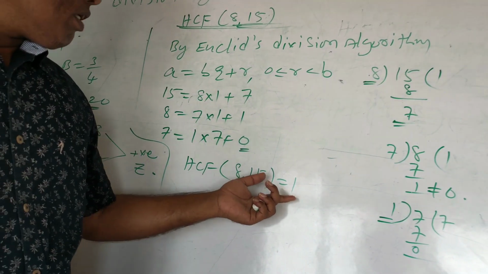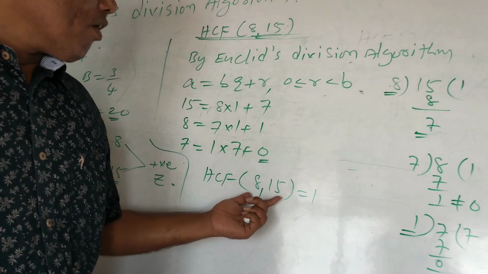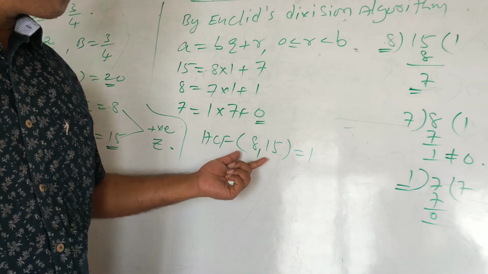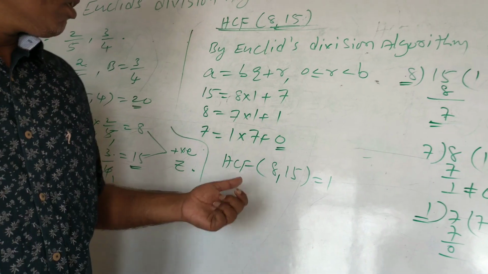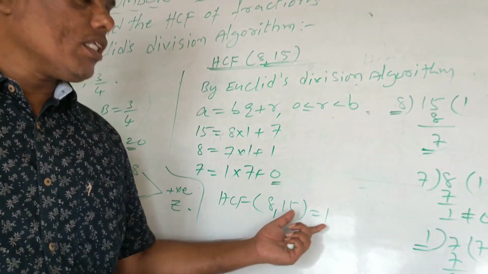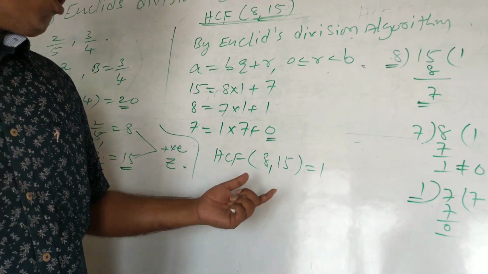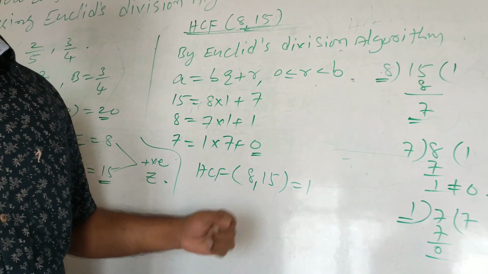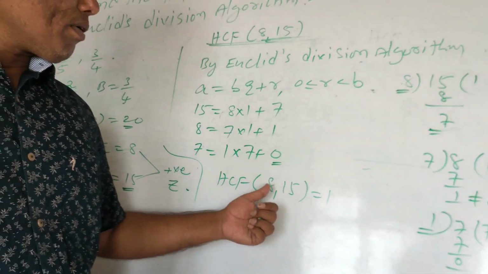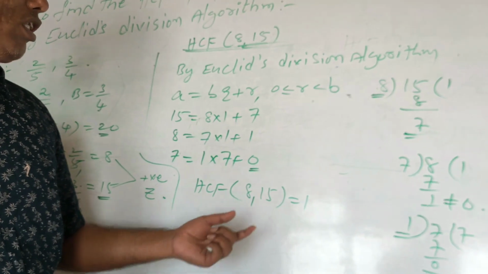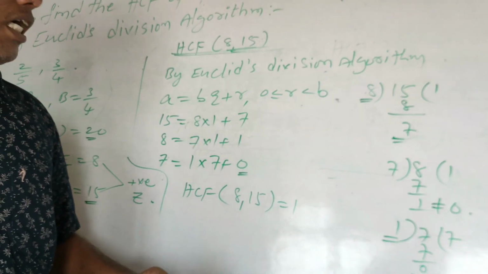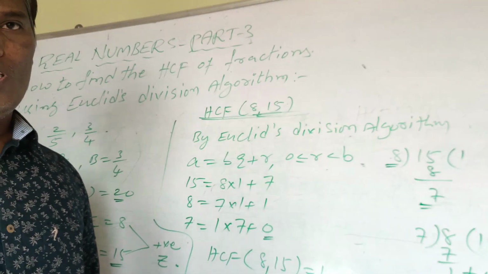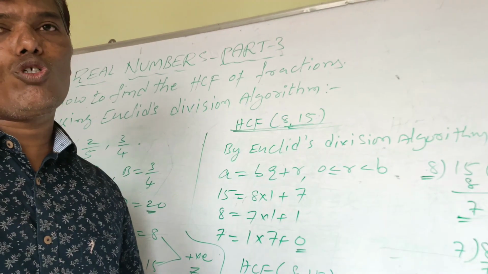Here I must tell you one thing. If the HCF of any two numbers is equal to 1, the two numbers are called co-primes. Co-primes doesn't mean that these are prime numbers. Here you observe 8 is not a prime number, 15 is not a prime number. Even though these are not prime numbers, they are called co-primes. So co-primes means their HCF should be 1.